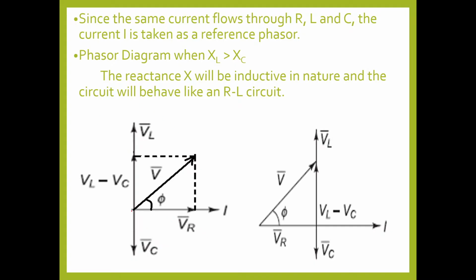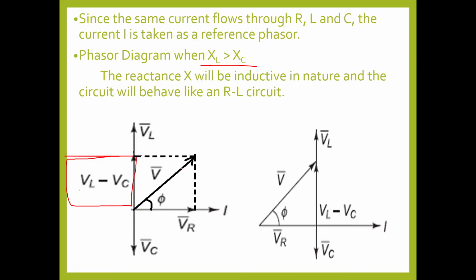VR is in phase with I, VL leads current by 90 degrees, VC lags current by 90 degrees. When XL is greater than XC, the impedance is Z equal to R plus j(XL minus XC).